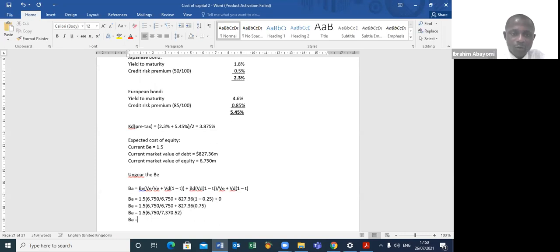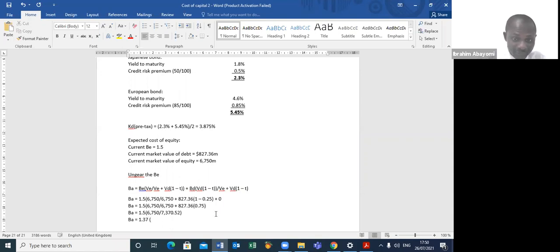Beta of asset is equal to 1.5 times 6,750 all over 7,370.52. That's 1.37. This is the asset beta.